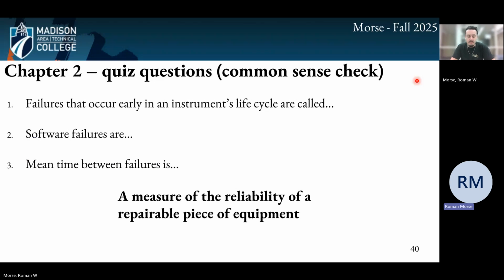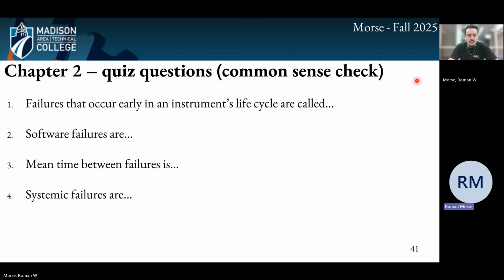So if something rarely fails, but it takes months to repair it, then the reliability of that piece of equipment is also questionable, versus something that's a very quick repair or something that doesn't fail often. So the failure time and the time it takes to repair are things to be considered when we're talking about reliability.